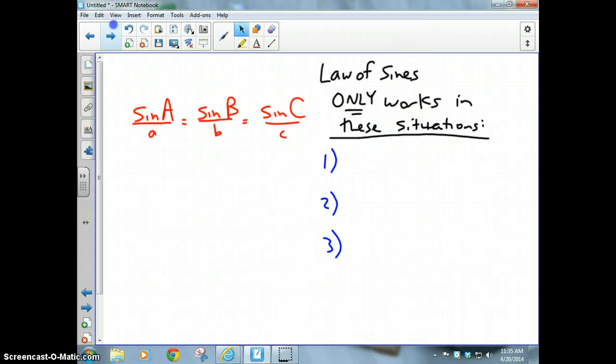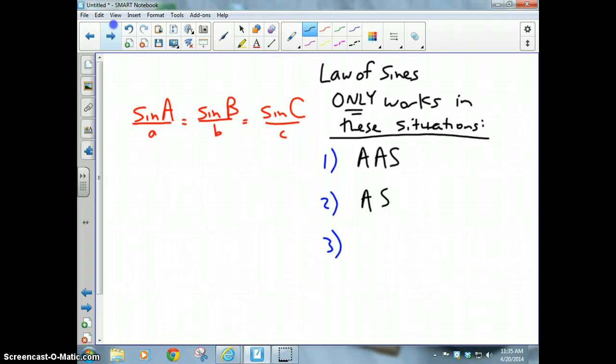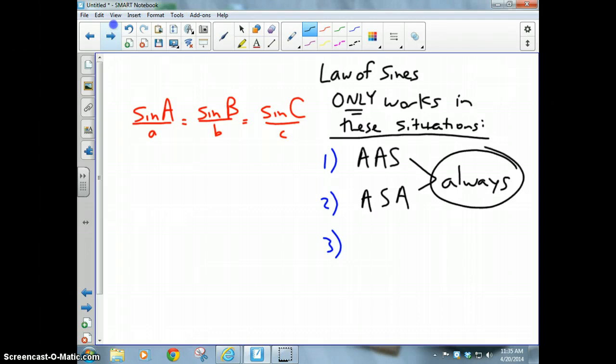When does it work? Well, first of all, it works if you are given information AAS, angle angle side, or ASA, angle side angle. In those two situations, the law of sines will always work. You have nothing to worry about.